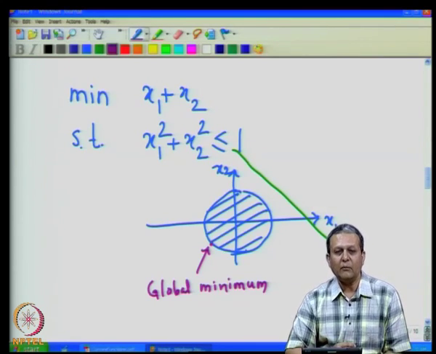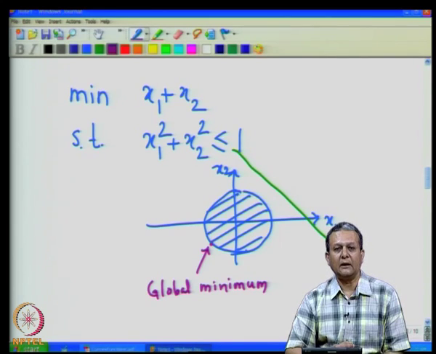So, these are some examples of convex functions and convex programming problems, and you will be convinced that any local minimum of a convex function is a global minimum, and all these global minima form a convex set.